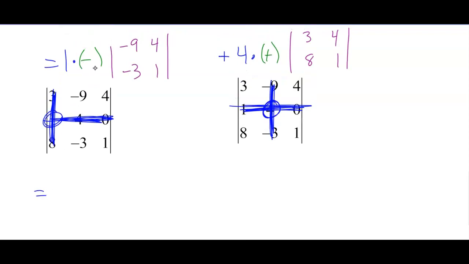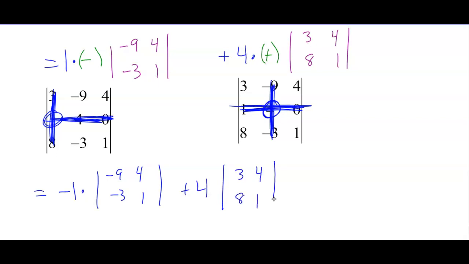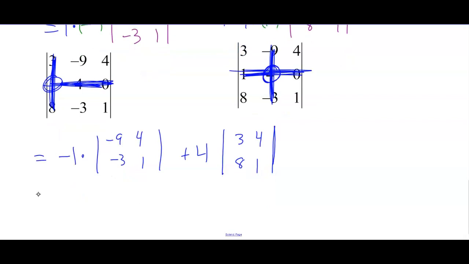We've got 1, we've got negative, I guess -1, and the determinant -9, 4, -3, 1. And for this one we have 4, and it's positive, so +4, and the determinant 3, 4, 8, 1. So the question now is, work out those two determinants, fill in those results, and you'll finally be able to compute your answer.